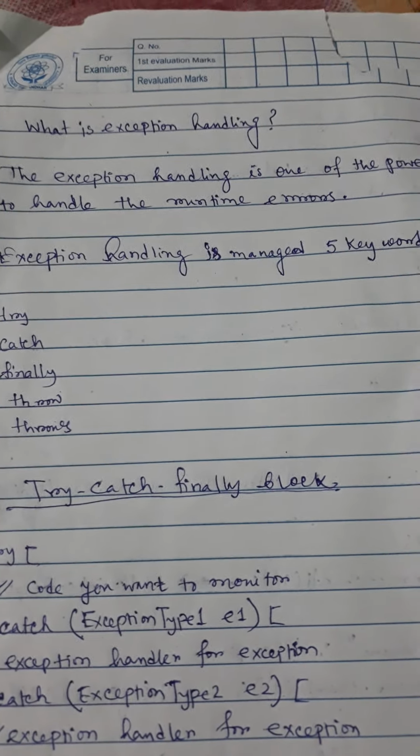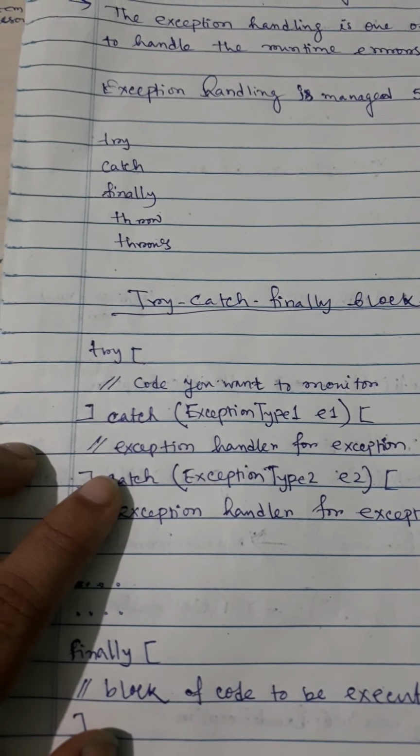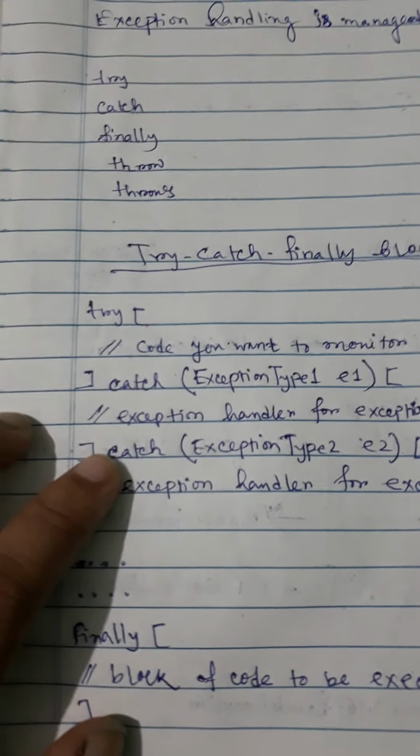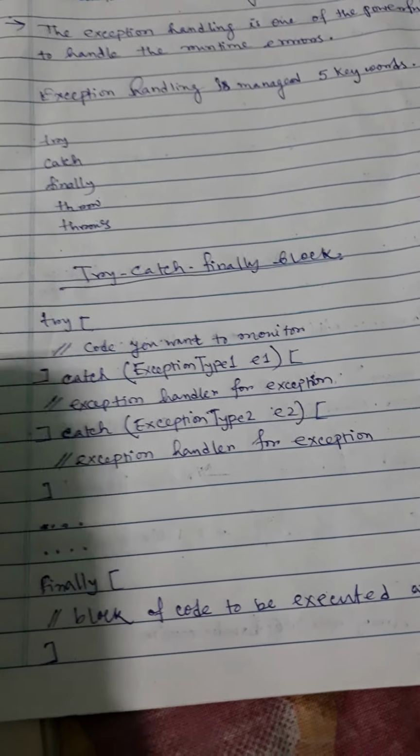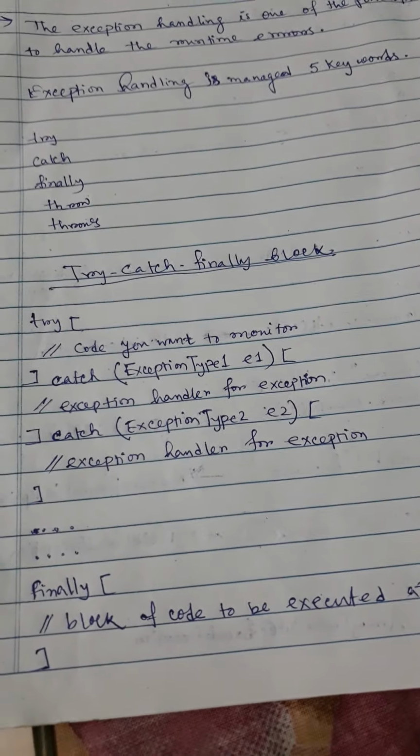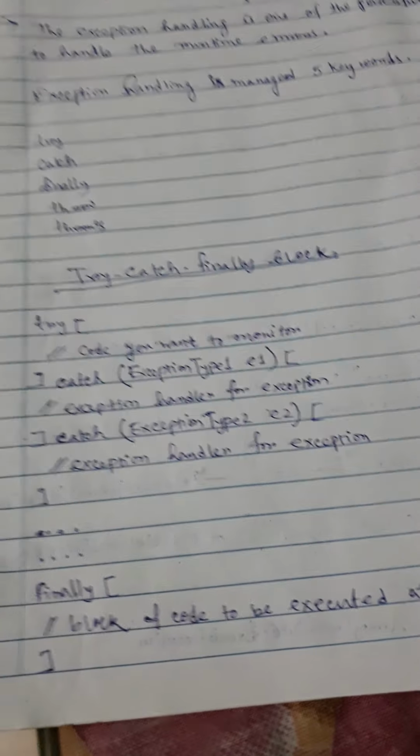And this is the syntax, where within the try block you write the code that causes the exception. Within the catch block the exception will be handled, and in the finally block, after the try-catch block, the finally code will be executed.